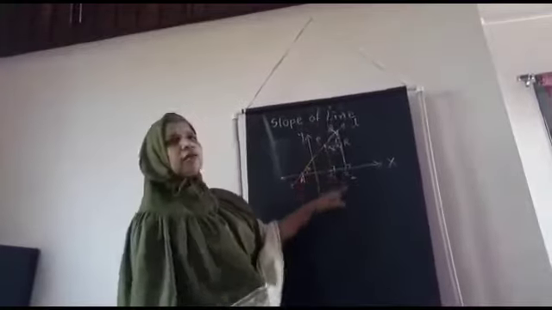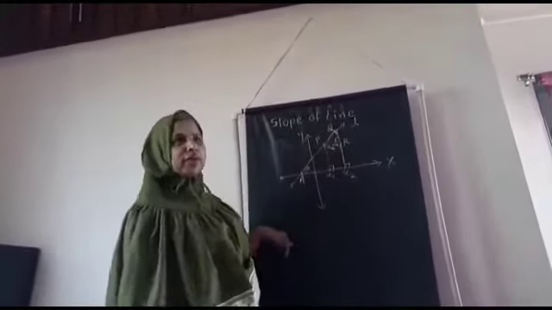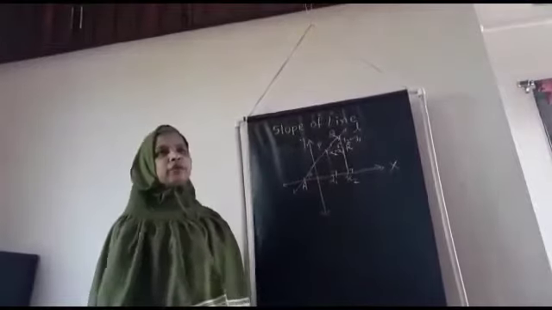Similarly, we can calculate distance QR with the help of the y-axis. The respective coordinates are y1 and y2, so distance QR is y2 minus y1.